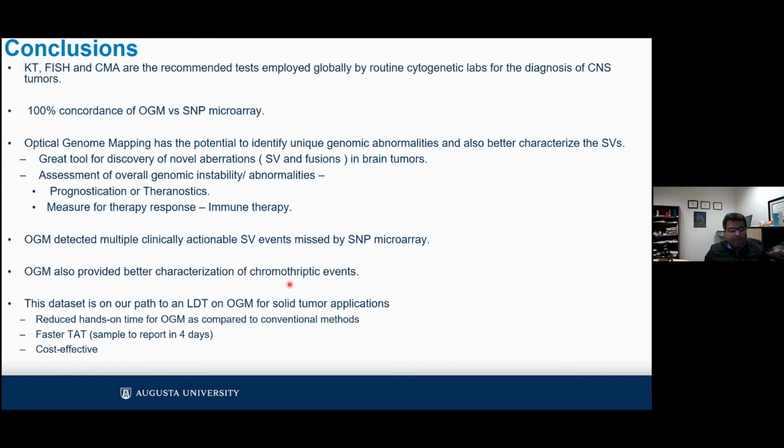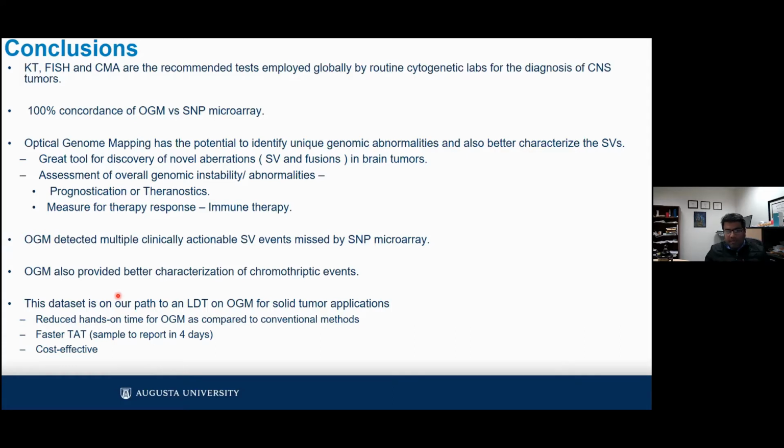So in summary, this data set is our path to develop a lab-developed test on OGM for solid tumor application. And this is based on our experience of using SNP microarrays, and currently that's what we're using.